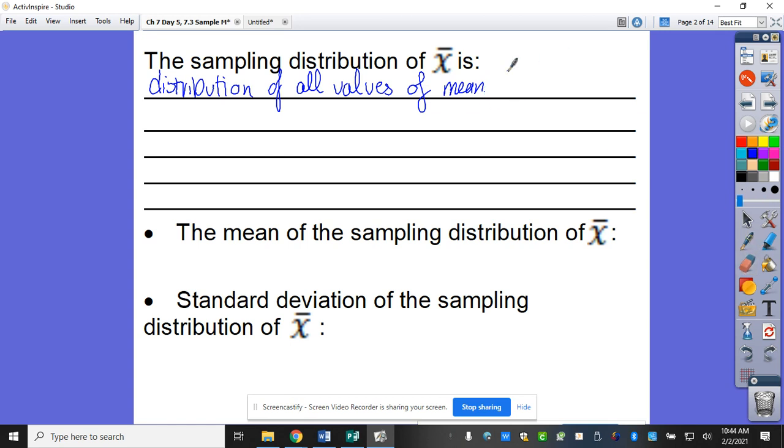That's kind of a weird one to write. For proportions, I wrote proportion of population that were success, but mean's just going to be written a little bit differently than that. So it's the distribution of all values of the mean, however it is in context, from, and you said what?